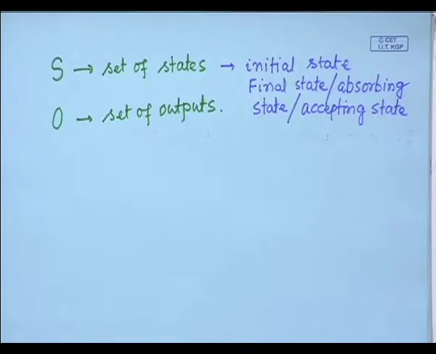And the set of outputs is actually the set of symbols which the machine outputs, or visible symbols which can be measured or observed when the machine makes a transition from one state to another. And if you remember, if this set of output symbols is limited to only two symbols, that is either 0 or 1, then this finite state machine is called a finite state automata.